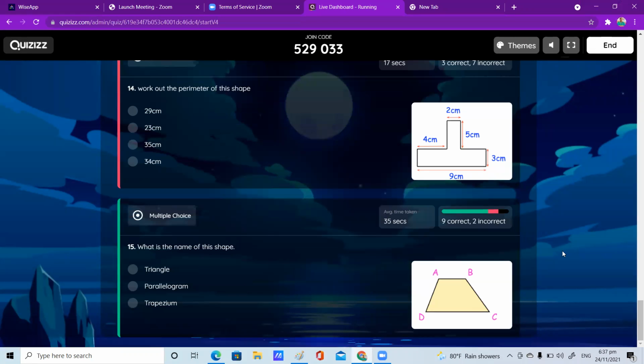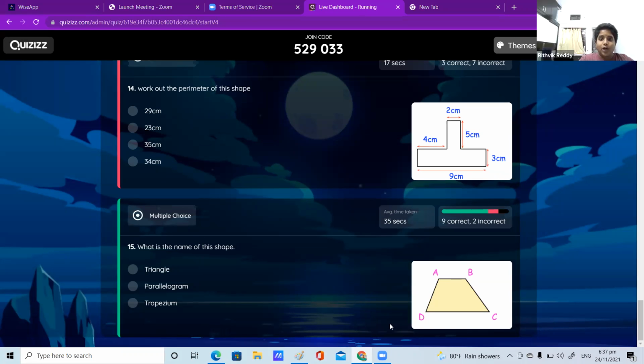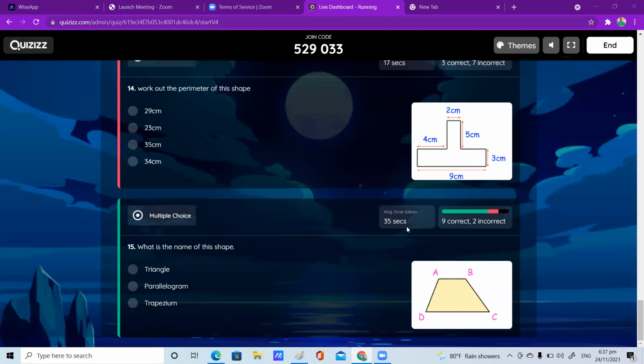What is the name of the shape, children? Trapezium. What do you know about a trapezium? Does it have any pair of parallel sides?